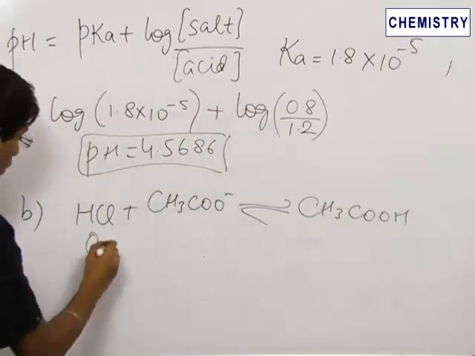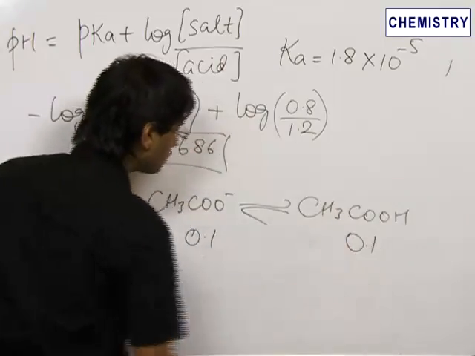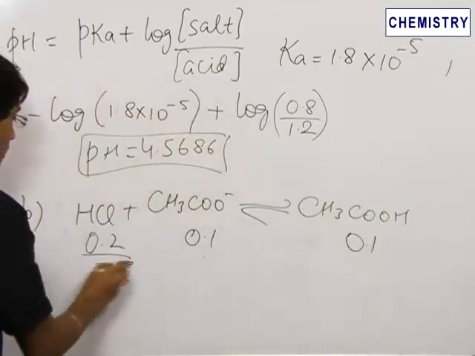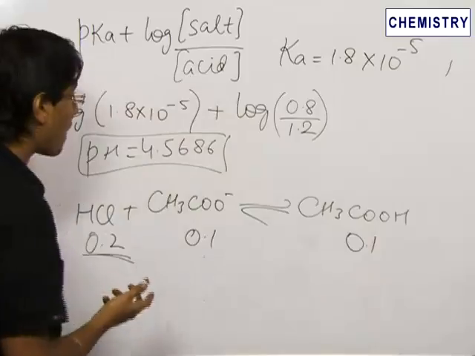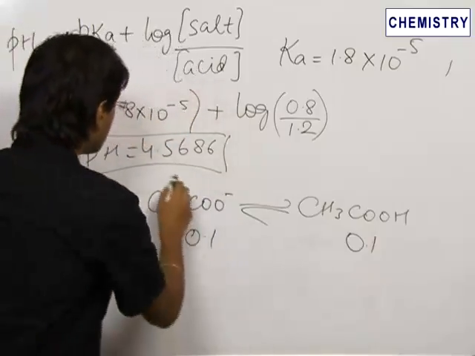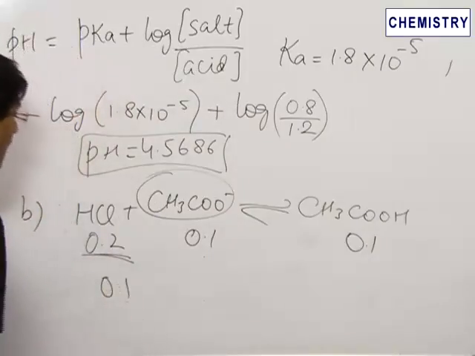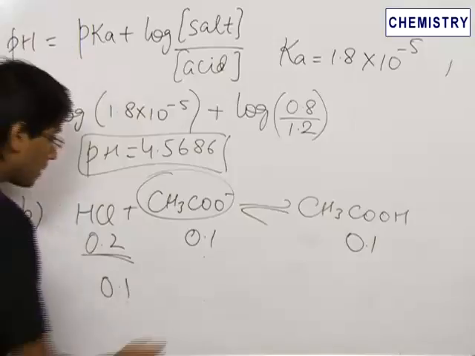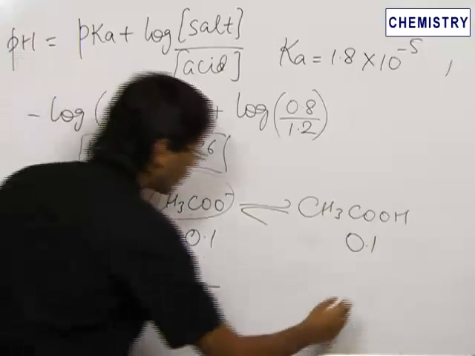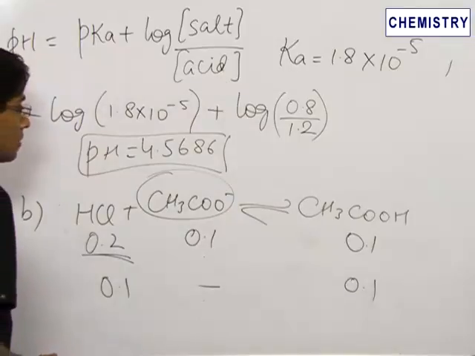Initially, this was 0.2, this was 0.1 and this was 0.1. Now the number of moles of HCl in this part is greater than the number of moles of acetate ion. So acetate ion will be completely reacted and 0.1 moles of HCl will be left in the reaction mixture. This will completely react to give 0.1 moles of acetic acid.